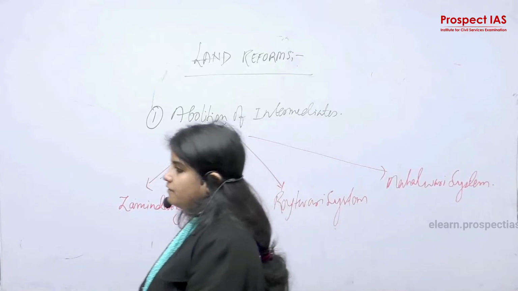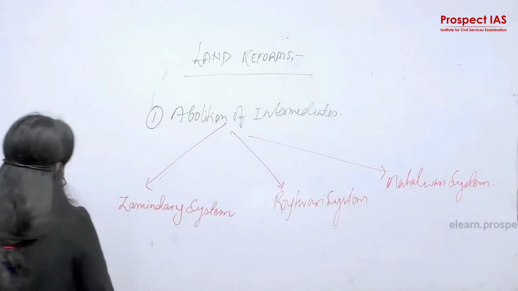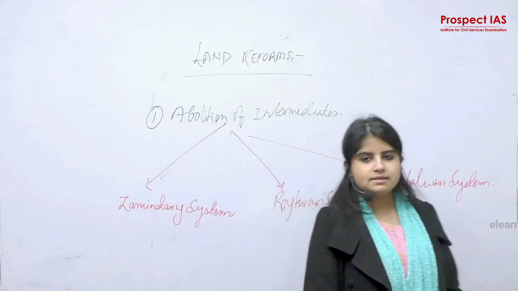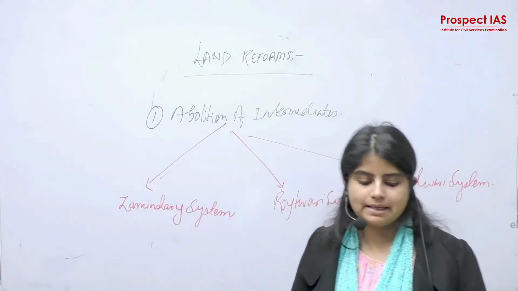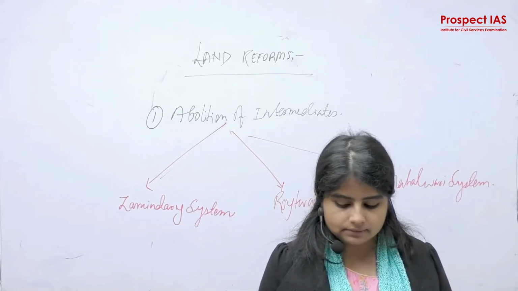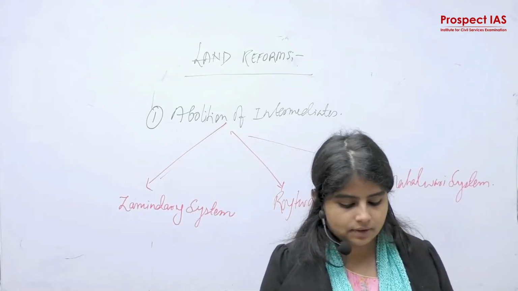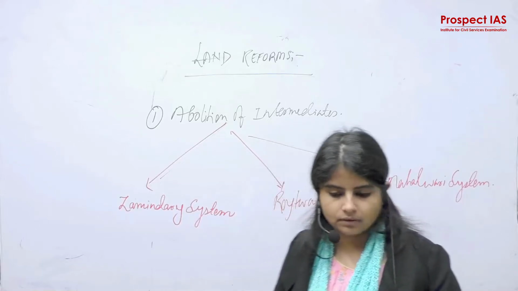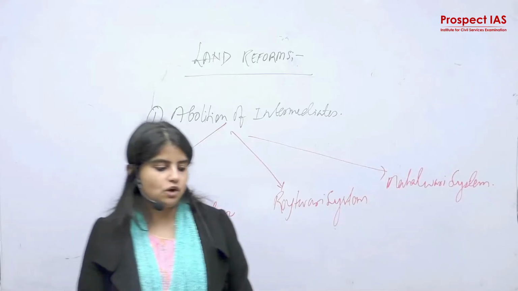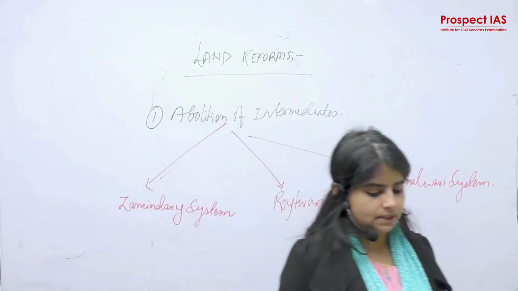The system of zamindari passes into the time of British India after the defeat in the Battle of Plassey.